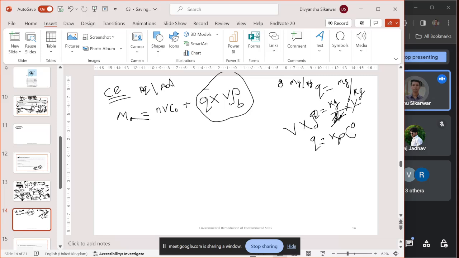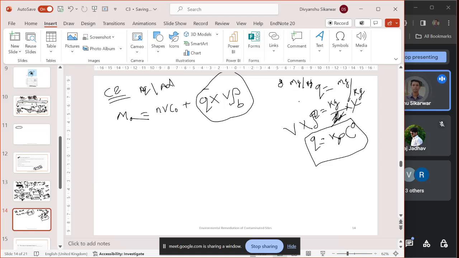Majorly, the contaminant is adsorbed on soil particles, and when water comes in contact with them, some of the contaminant comes into the groundwater. It happens on the basis of this formula, right?